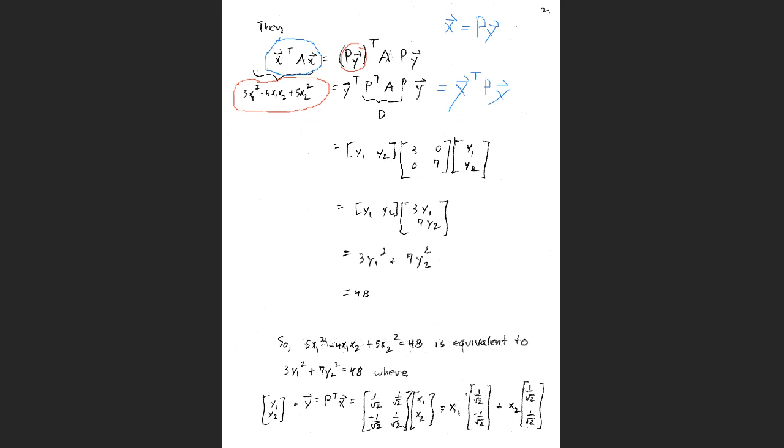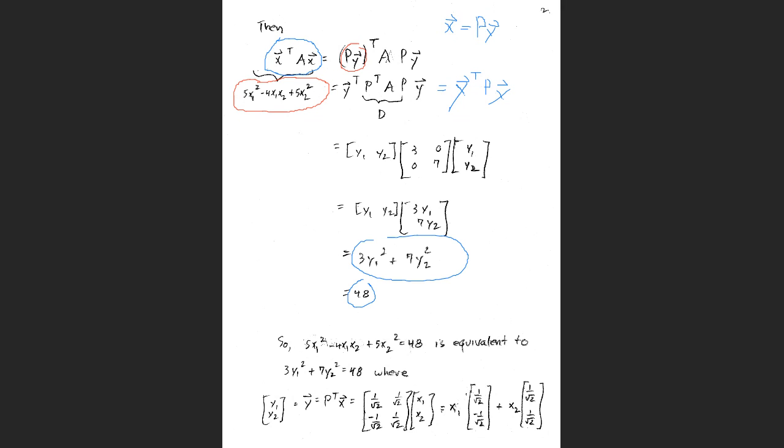And so what I'm going to get then is a new quadratic form, where I have 3y1 squared plus 7y2 squared equals 48. Absolutely amazing.